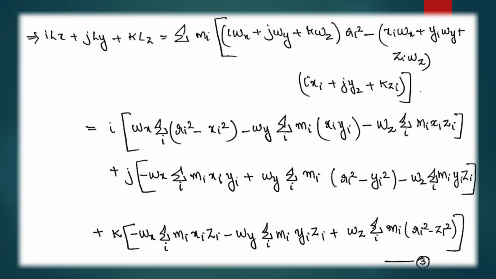That is, i into [omega x summation mi (ri square minus xi square) minus omega y summation mi xi yi minus omega z summation mi xi zi] plus j into [minus omega x summation mi xi yi plus omega y summation mi (ri square minus yi square) minus omega z summation mi yi zi] plus k into [minus omega x summation mi xi zi minus omega y summation mi yi zi plus omega z summation mi (ri square minus zi square)], which is equation number 3.